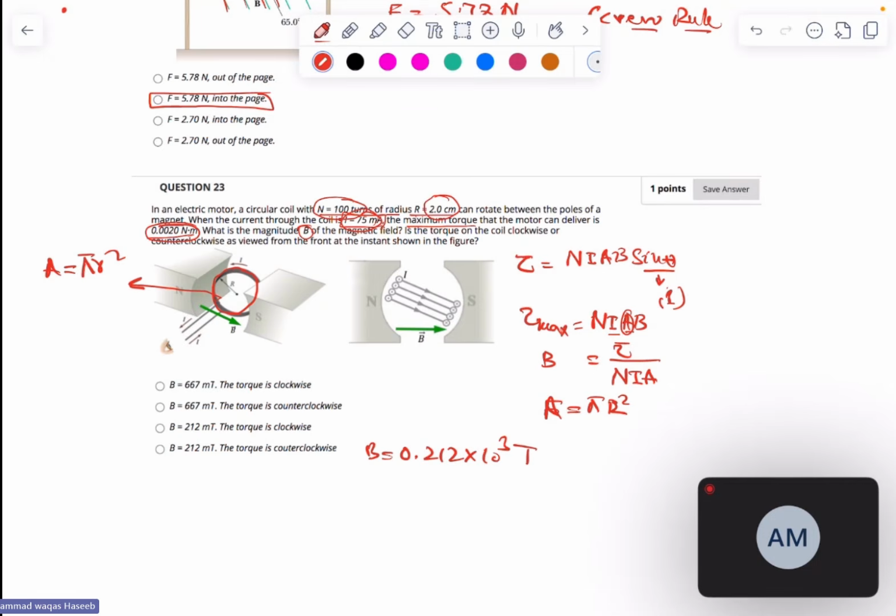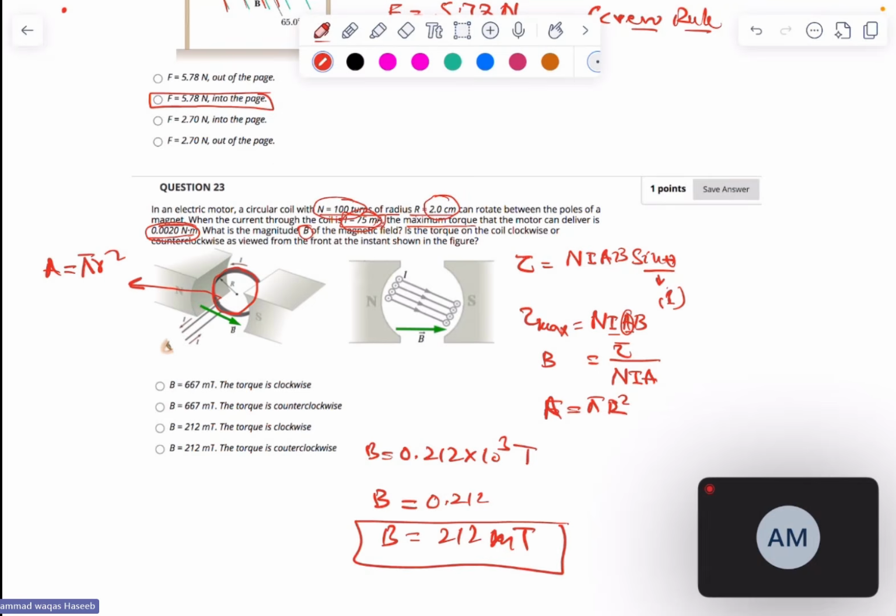So B is 0.212. To convert to millitesla, you multiply by 1000, so it becomes 212 millitesla.